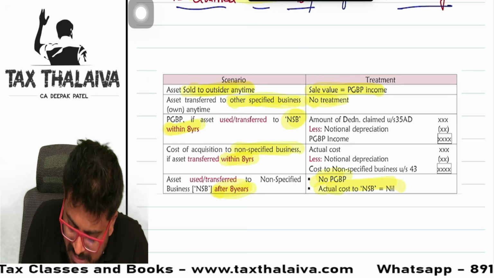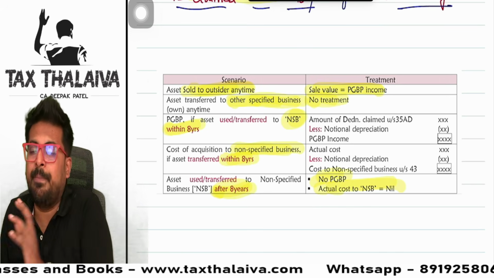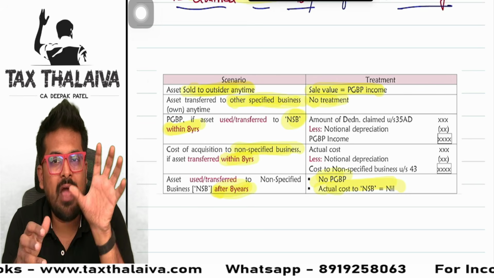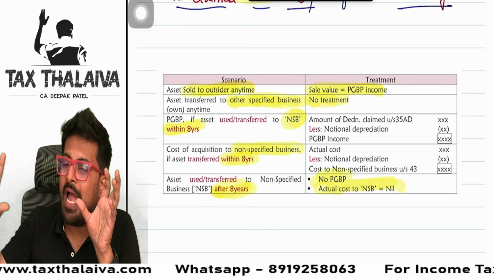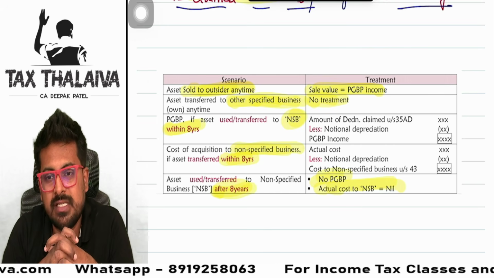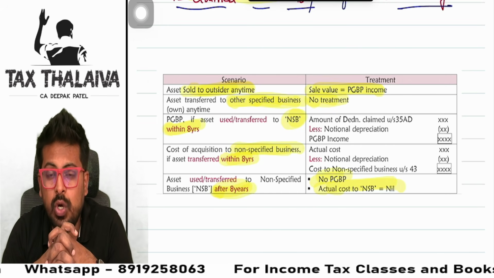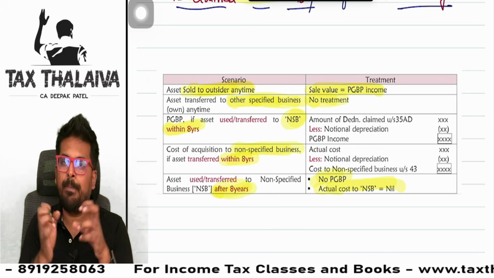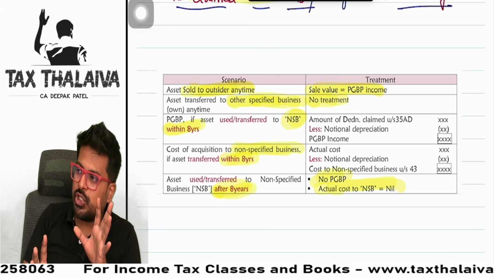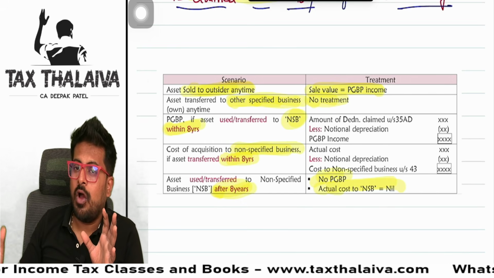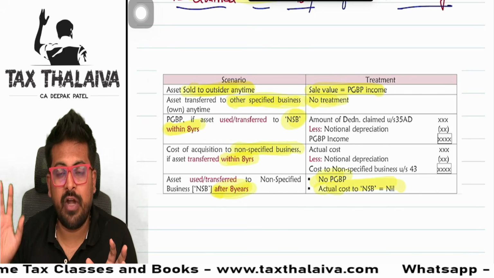But if the asset is transferred to another specified business of your own, for example, you have one 2-star hotel and you also have one hospital having minimum 100 beds, both are specified businesses. Say for the 2-star hotel you purchased one plant and machinery, and you transferred that plant and machinery to your own hospital, which is again a specified business.